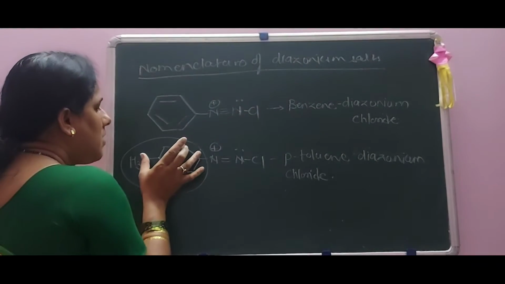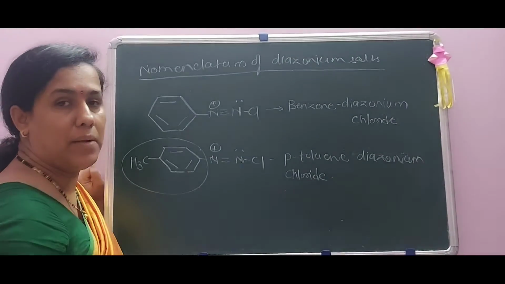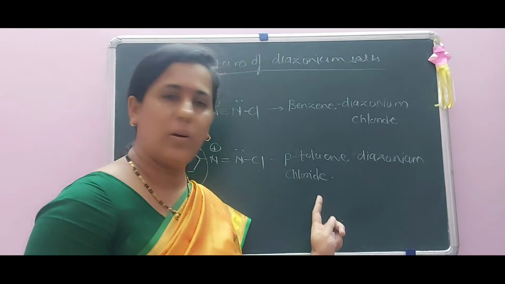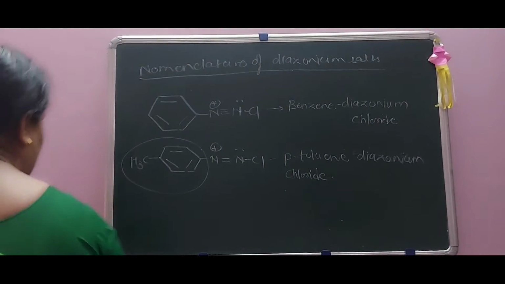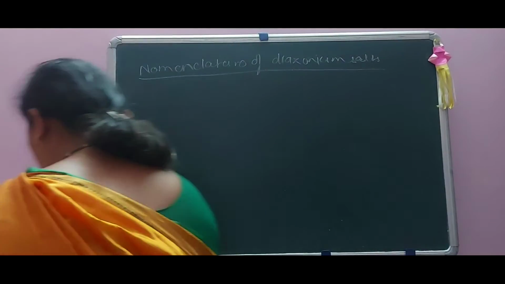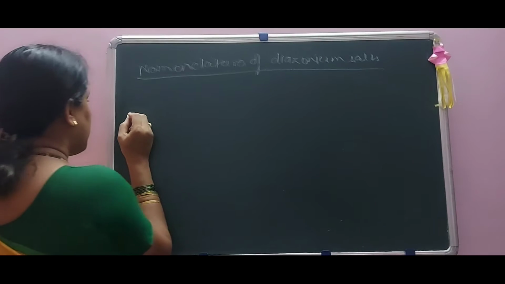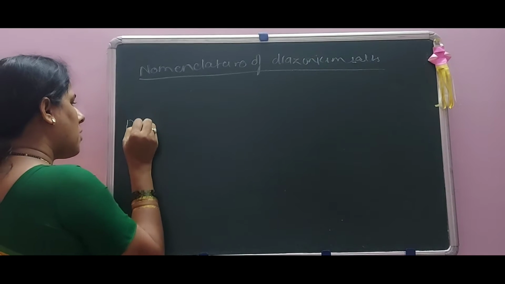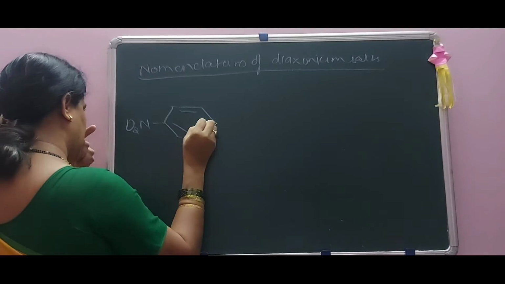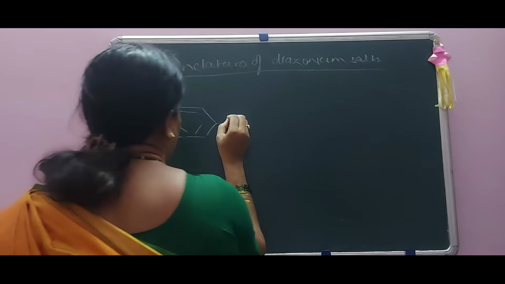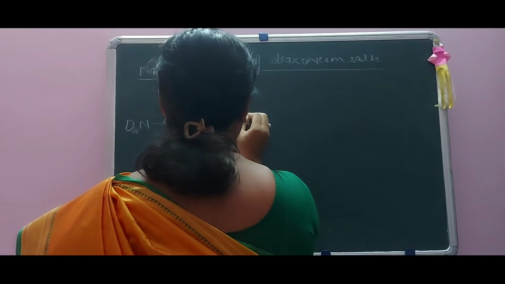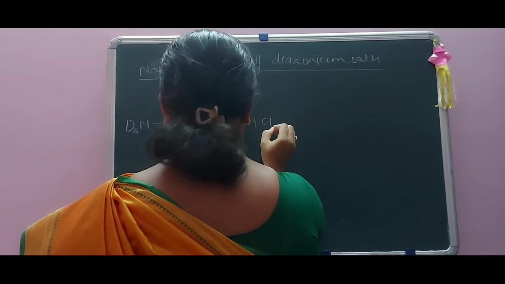Next, you have to look at the structure of that particular compound and identify it. Just write down diazonium chloride here. I am going to give you the next examples. See here. The second is N triple bond N, with Cl here.